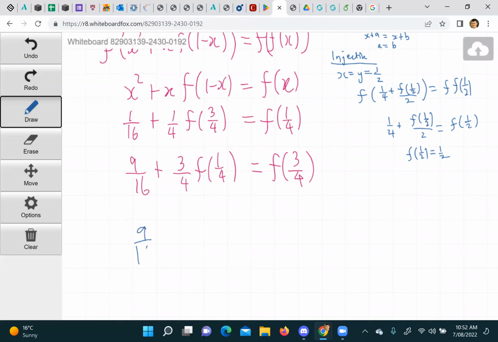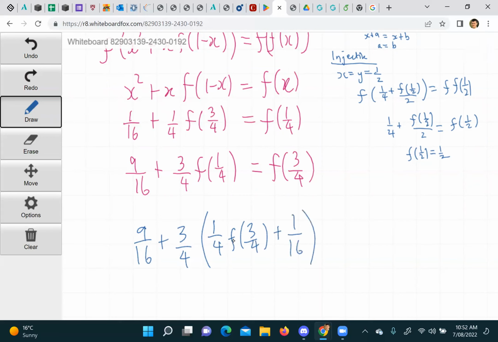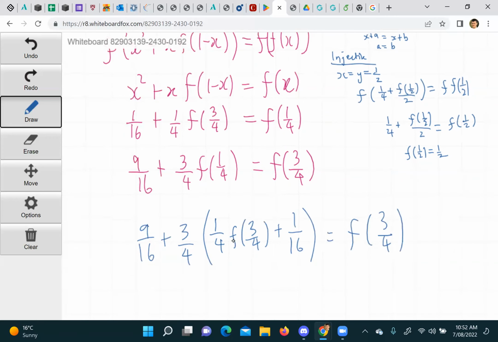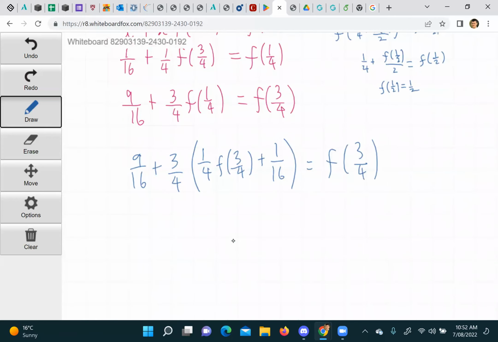So 9/16 plus 3/4 times (1/16 + 1/4 f(3/4)). Expanding that, it's 9/16 + 3/16 f(3/4) + 3/64.